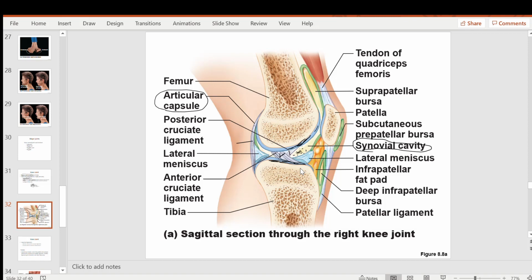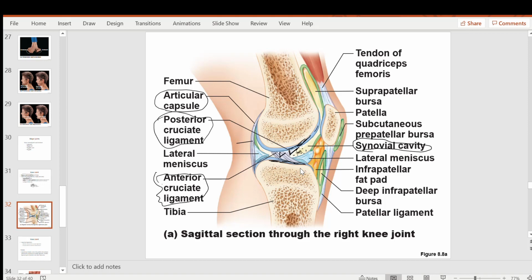So this is the capsule, and now we'll see inside. These are two ligaments inside the knee joint. These are called cruciate ligaments, anterior and posterior cruciate ligaments. So two cruciate ligaments, and then you have bursa.